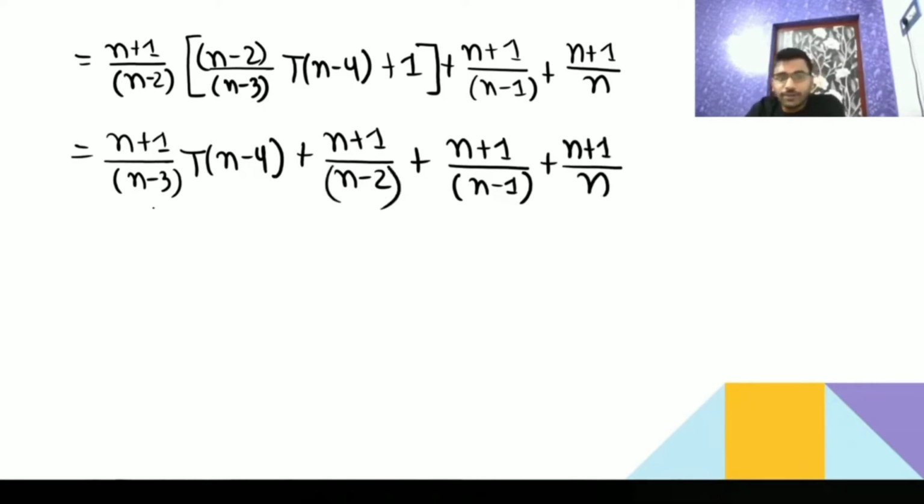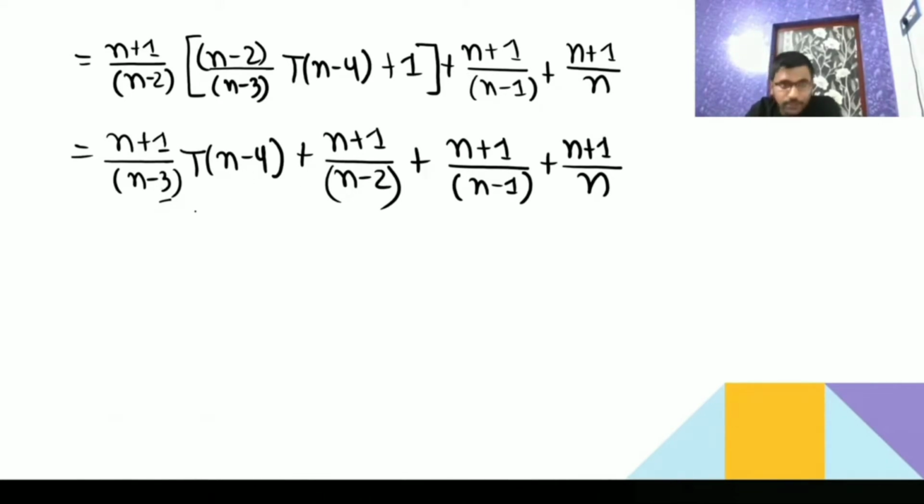So what you are saying here, always in the numerator you are getting n plus 1, and here whatever thing you are getting, it's like n minus 3, then 1 less, means 3. If I assume it's k, then it will be k minus 1, because if I assume it as k, then it will be k minus 1.